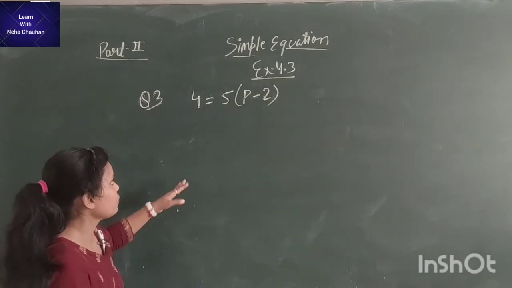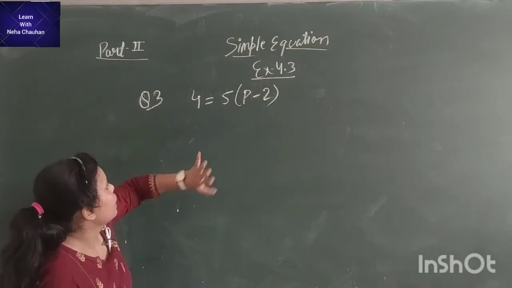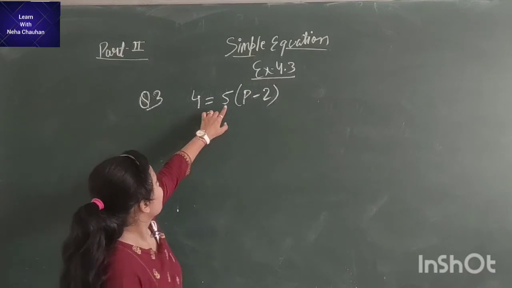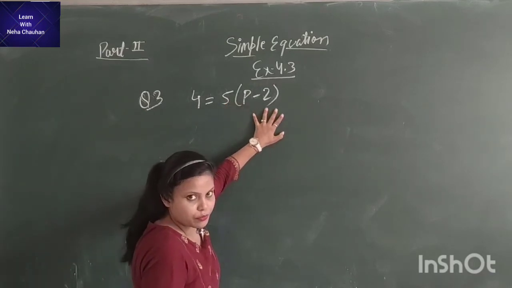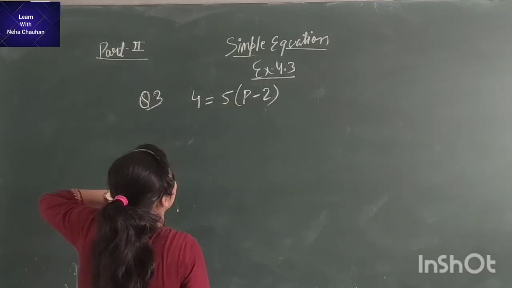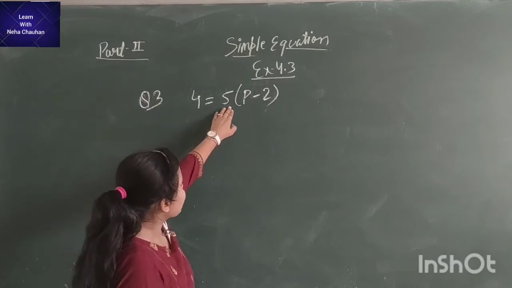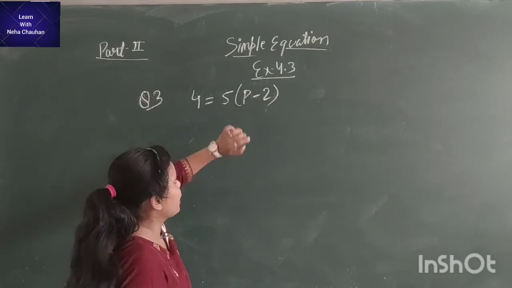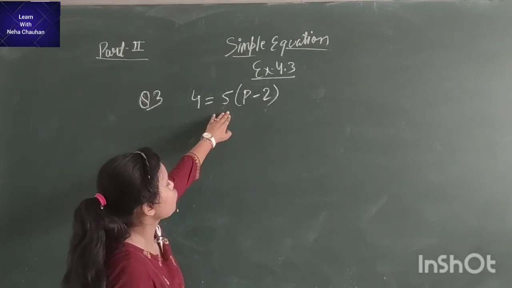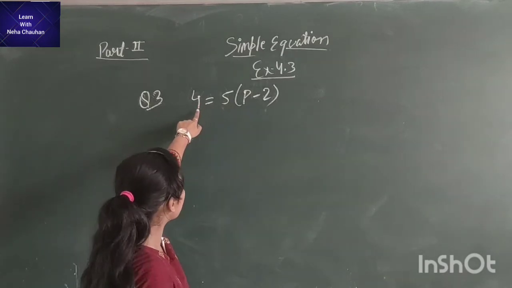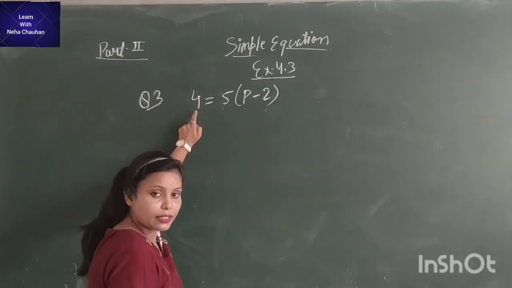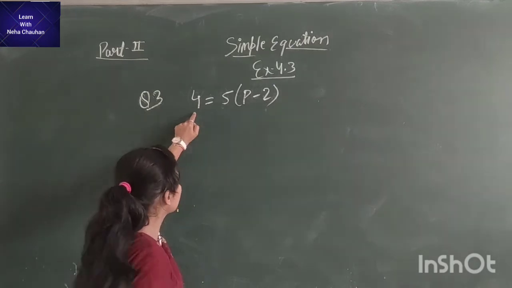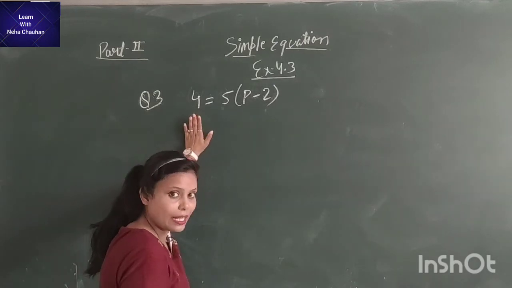Here 5 is in multiplication, right? If we eliminate this 5, we have to divide, so the other side will be in a fraction, right? So 4 by 5 will not cancel out.